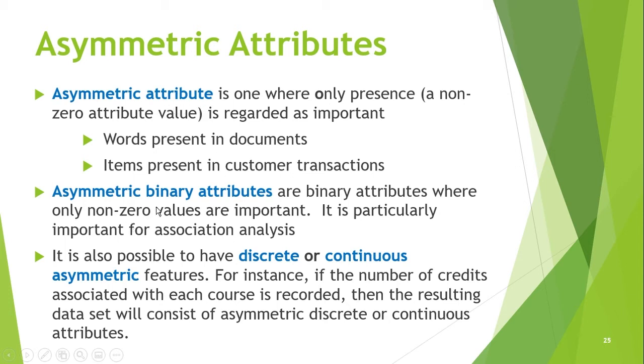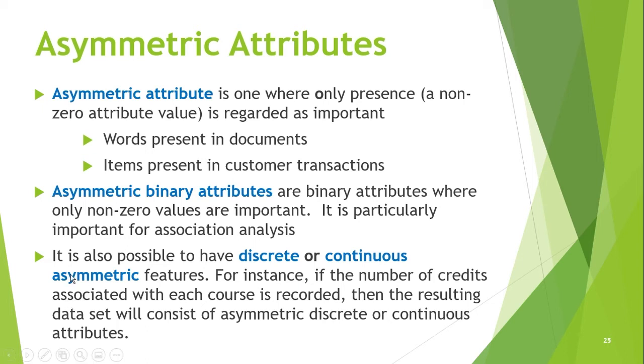So, that's asymmetric attribute. It's an asymmetric binary attributes. These are binary attributes where only non-zero values are important. Binary ulit. So, dalawahan lang. It is particularly important for association analysis. Ito nga yung sinasabi ko kanina, it's either 0 or 1 lang. Yung example ko sa enrolled sa IT. Dito kasi sa words present in documents, hindi lang 0, hindi lang 1 yan.